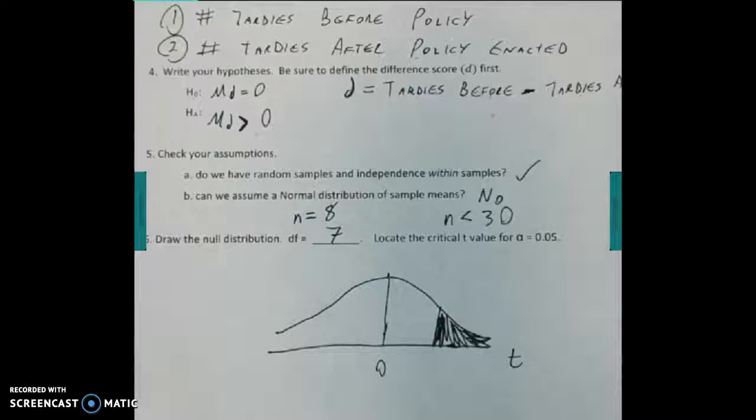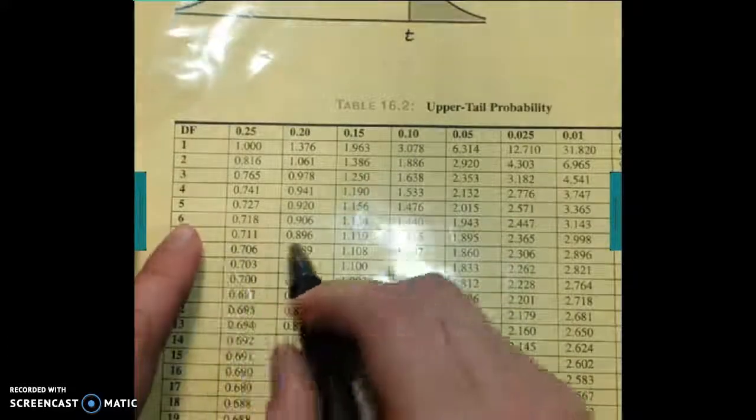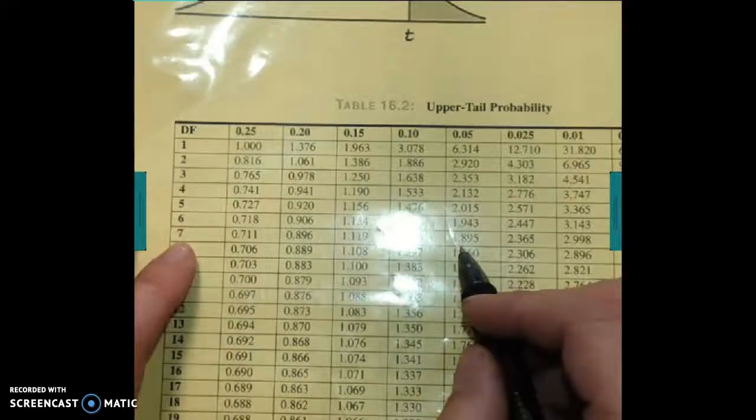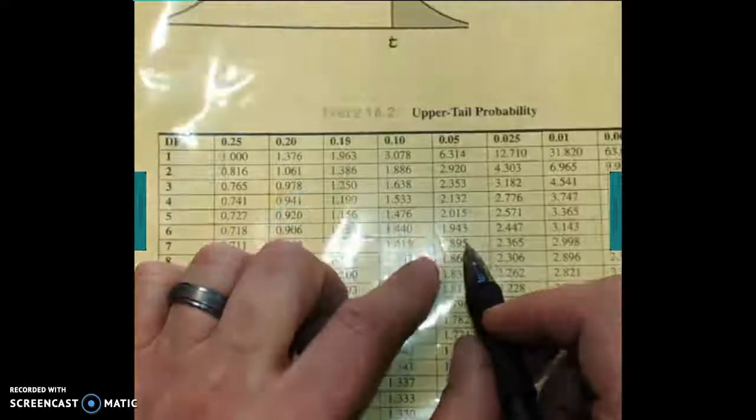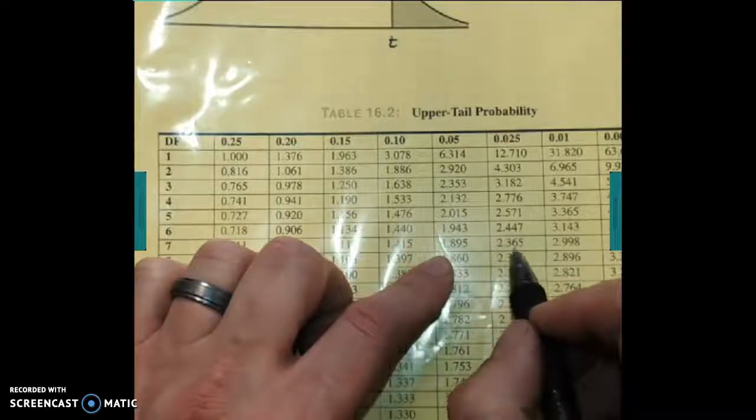Now, what's that value? Well, that value comes from the t-chart. Since my degrees of freedom are 7, I'm just going to assume that my alpha level is 0.05, which you should do. You should always assume it's 0.05 unless you heard otherwise. And I'm going to use 1.895. If this was two-tailed, I'd use the 2.365.